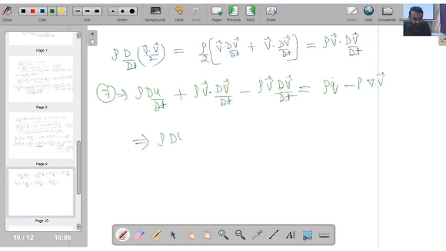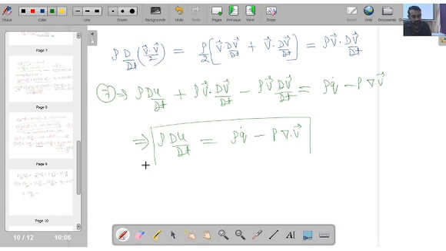So these two cancel out, and I get rho du by dt equal to rho q dot minus p into divergence of v vector.